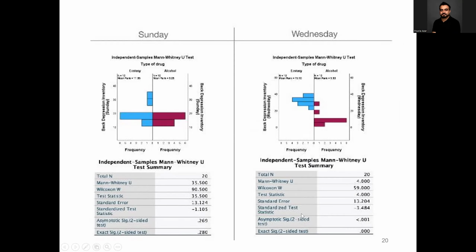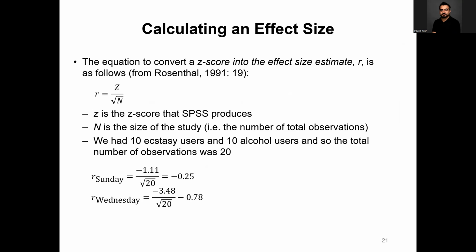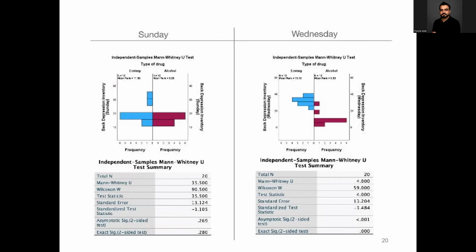It gives me r, and r is my effect size. Here in this table, it says standardized test statistic. This is my z-score. Then I divide this by the square root of 20, and it gives me the effect size for Sunday and the effect size for Wednesday.